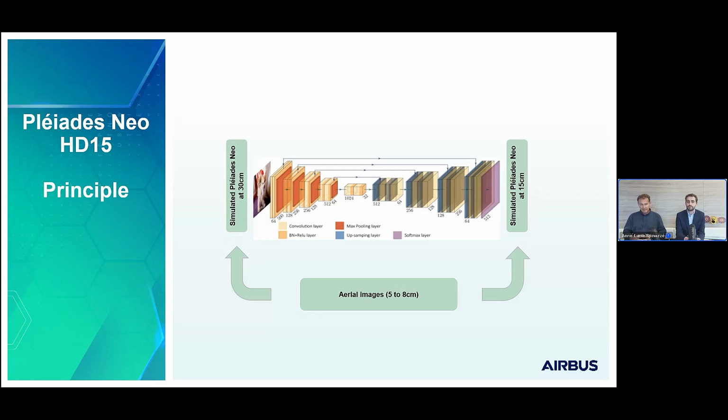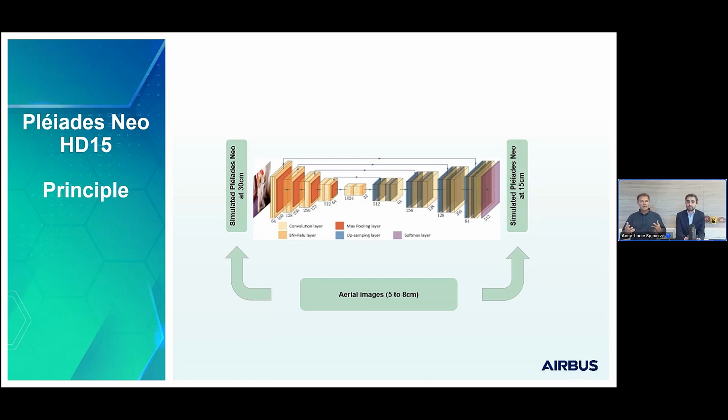From one data, we create 30 centimeter and 15 centimeter. It's exactly the same data set. There is not at all any difference, except that one is at 30 centimeter resolution, the other is at 15 centimeter resolution.